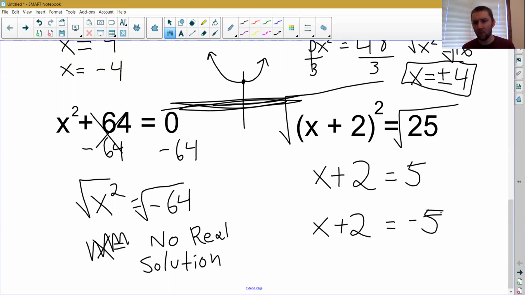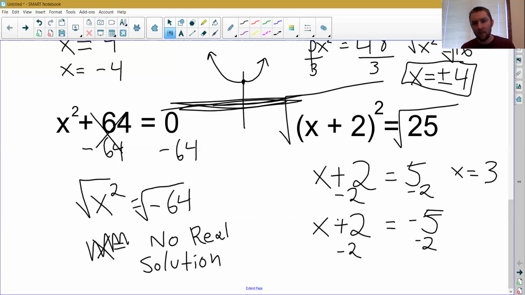And now I have just a little bit more work that I need to do to solve this equation for x. So I need to then minus 2 on both sides of this equation, and I get x equals 5 minus 2 is 3, right? I need to minus 2 on both sides of this other equation, right? The other one that came from my negative 5 option when I unsquared the 25.